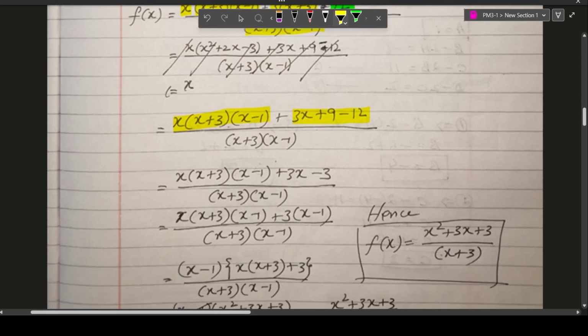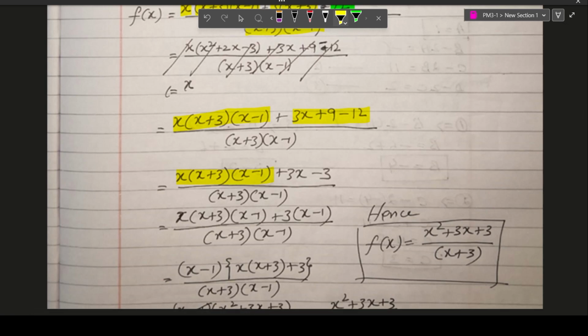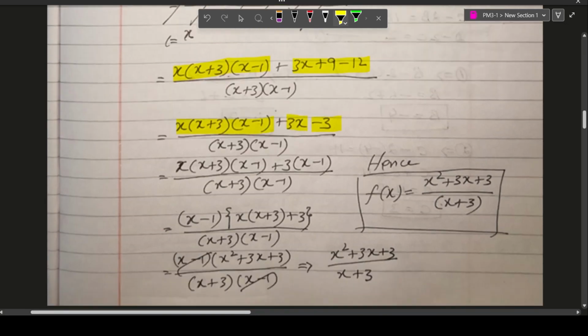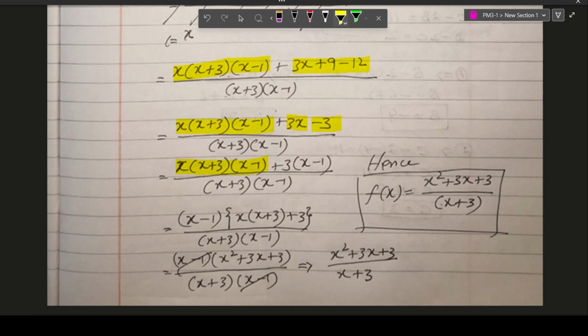Keeping the first part as it is, 3x remains the same, and 9 minus 12 is minus 3. Then x(x + 3)(x - 1) remains the same, and in 3x - 3, 3 is common. If you take 3 common, it will leave behind x - 1.